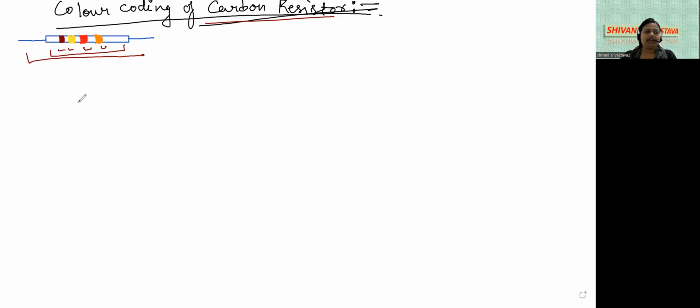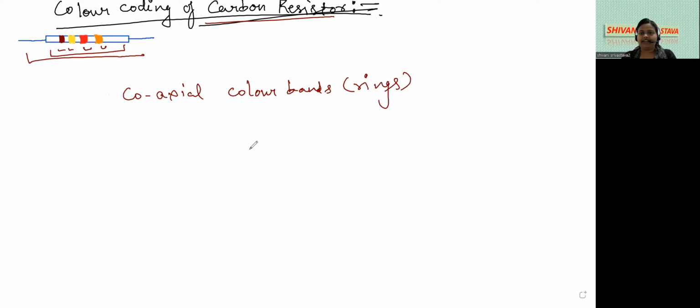So for that we have the coaxial color band. It is in the form of rings. In any electronic component you break, you will get a small resistor like this. For this we need a table first of all.